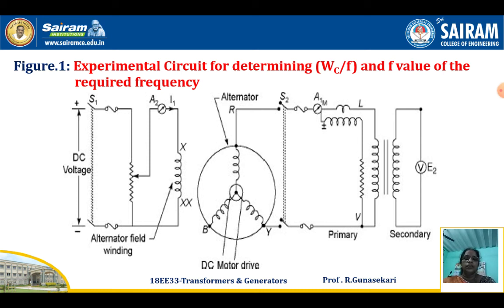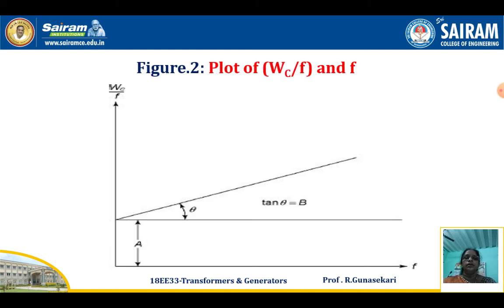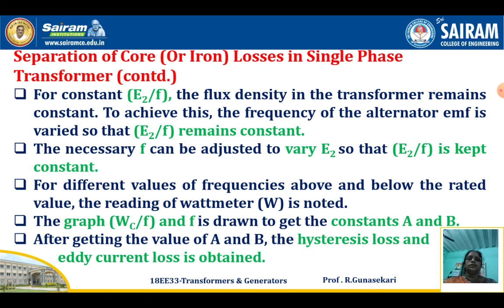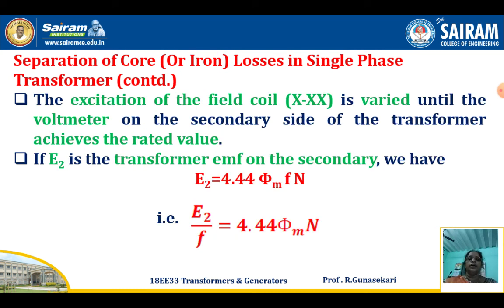The excitation of this coil is varied until the voltmeter V, which shows E2 and is connected across the secondary, reaches the rated value. Then we can stop the excitation. That is, the excitation of the field coil is varied until the voltmeter on the secondary side of the transformer achieves the rated value.